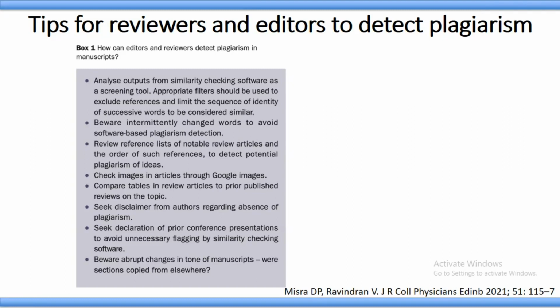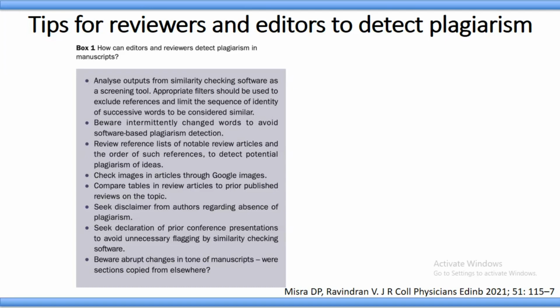Images, we have seen that you can use Google Images. Similarly, tables in review articles, you can check similar review articles on that topic. Many journals now ask you to submit a disclaimer that no portion has been intentionally copied, and declare prior conference presentations so that it's not unnecessarily flagged by similarity checking software and inadvertently put forth as plagiarism.